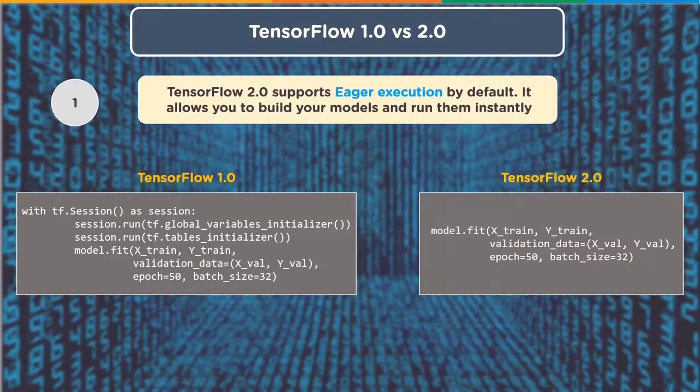You can see here from TensorFlow 1 to TensorFlow 2, we have almost double the code to do the same thing. If I want to do it with tf.Session, as a session, session run, you have your variables, your session run, you have your tables initializer, and then you do your model fit: X train, Y train, and then your validation data, your X value, Y value, and your epochs and your batch size.